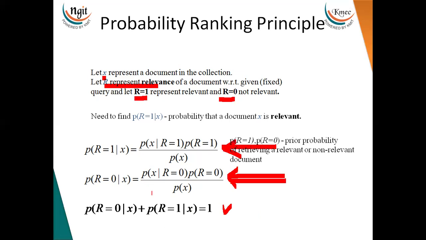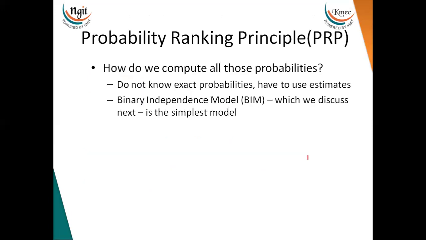Here I'm trying to retrieve a document. It may be relevant or not relevant. So that is given by the prior probability. Then in the second case, when I'm including X, I should find the probability of the retrieved document X, whether it is relevant or not relevant. So the probability ranking principle is telling us to find these R equal to 1 and R equal to 0.